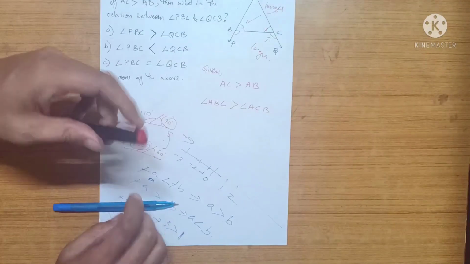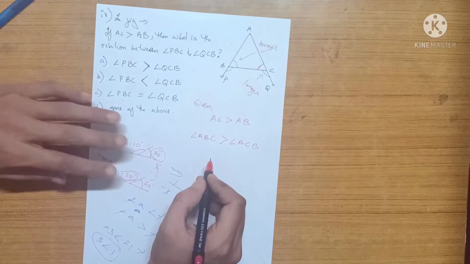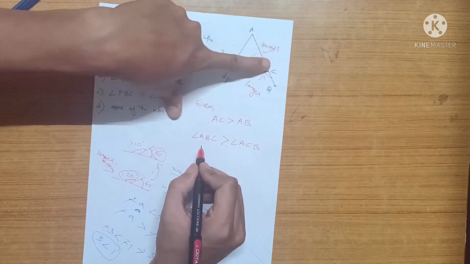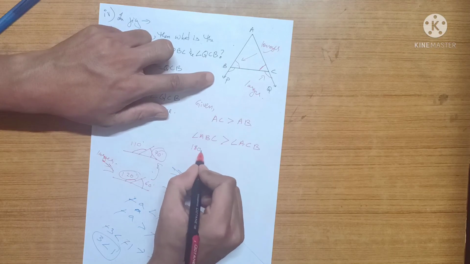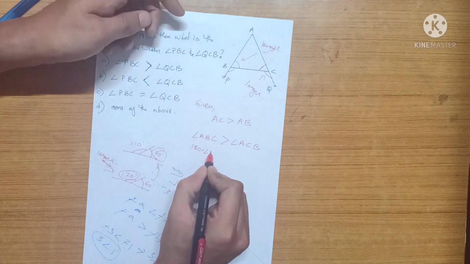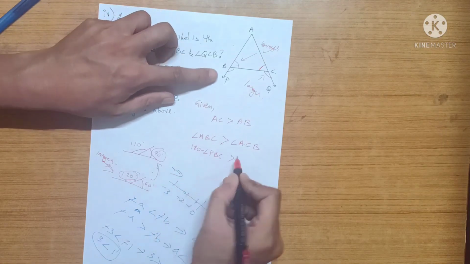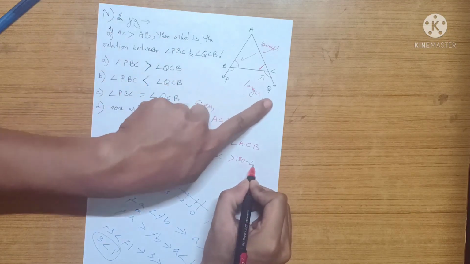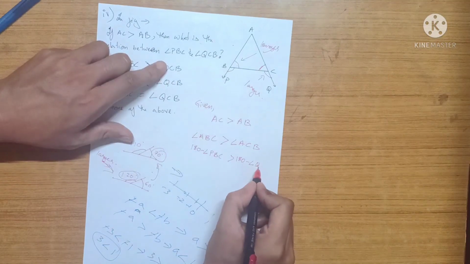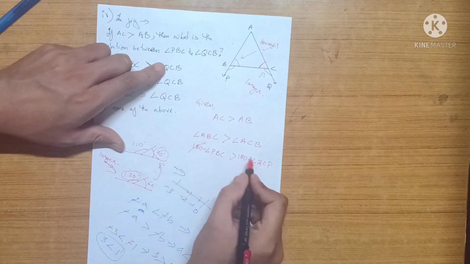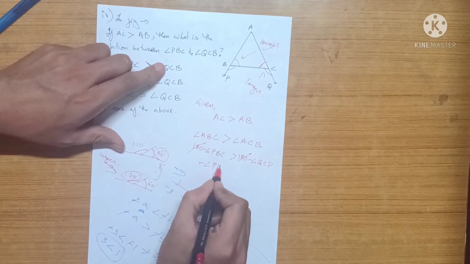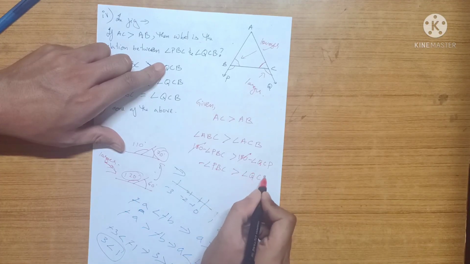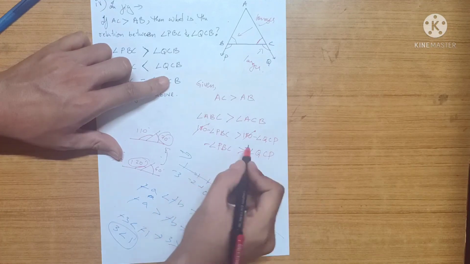Got it? So if you want to find out mathematically, not by common sense, you can write angle ABC as 180 minus angle PBC, and 180 minus angle QCB. The 180 you can cut, and you will be left with minus PBC and minus QCB.